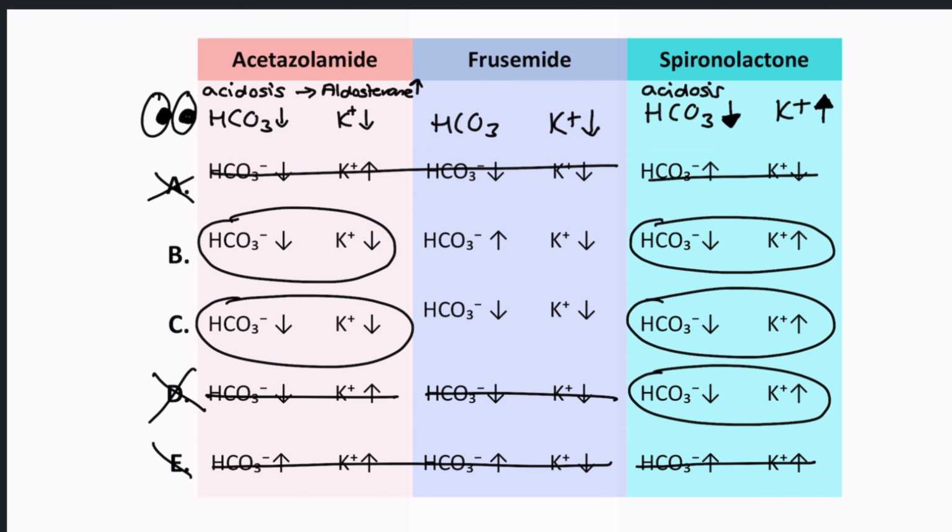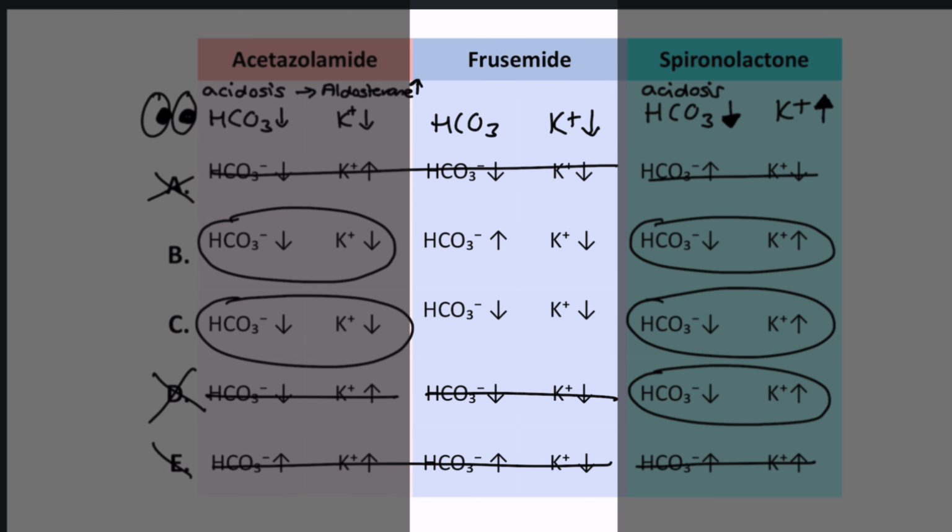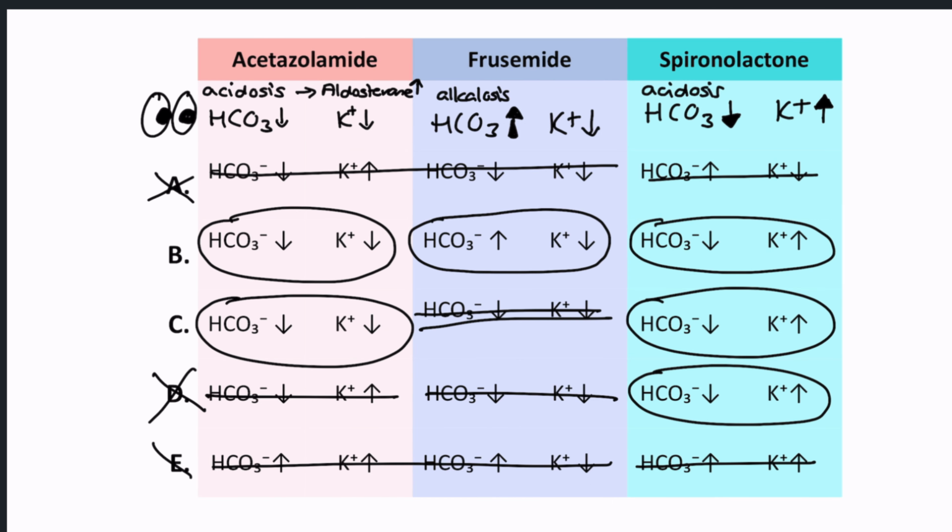And so now, boom, we have Frusemide associated with low potassium, but also alkalosis, represented by a high bicarbonate level. And I mean, isn't that just beautiful? It's just all come together so easily. We now have everything we need to connect the dots and blitz this table.